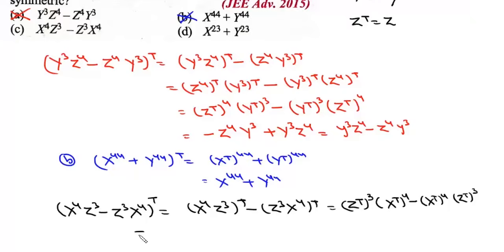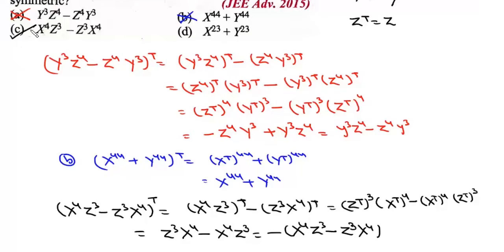Now z transpose is z, so there will be z cube, and x transpose is minus x. So it will be x to the power 4, and this is z cube. So it will be minus x to the power 4 z cube minus z cube x to the power 4, which is A transpose equals minus A. That means this matrix in C is a skew symmetric matrix.